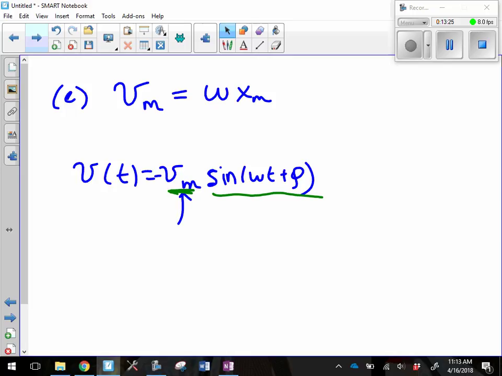Okay? So this is pretty good. I know what xm is. What's omega going to be? Yes, omega is the angular frequency, but I need to figure it out, so I need a formula. What is it?